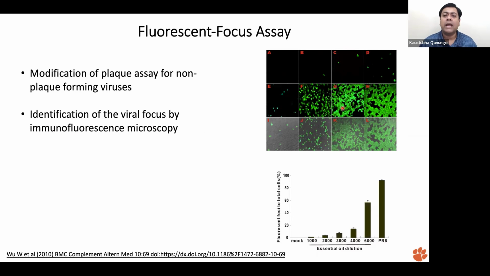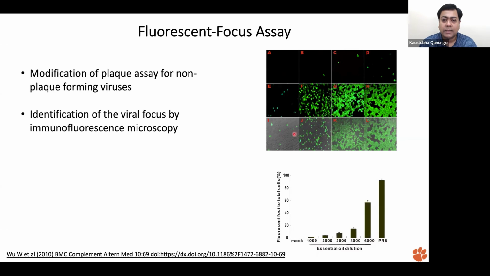Either you can add an antibody tagged with a fluorophore, or you can have a virus which is expressing a protein like green fluorescent protein that you have seen in that video. Then, under a fluorescence microscope, you look at these fluorescent foci. Each one of these dots is one focus, and you just count them the same way.